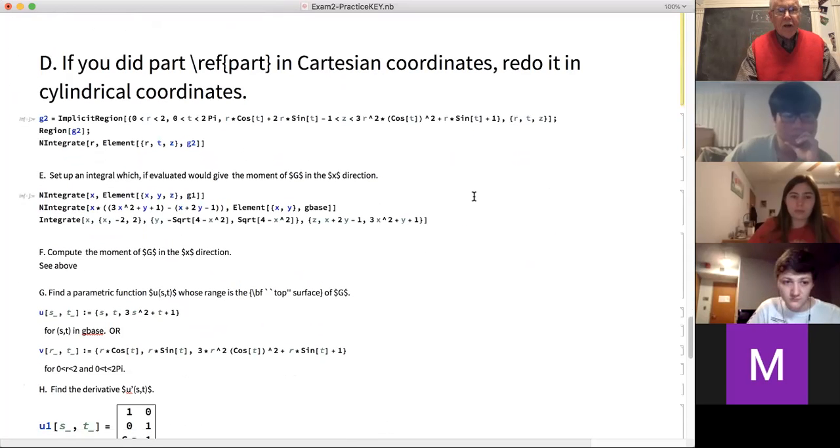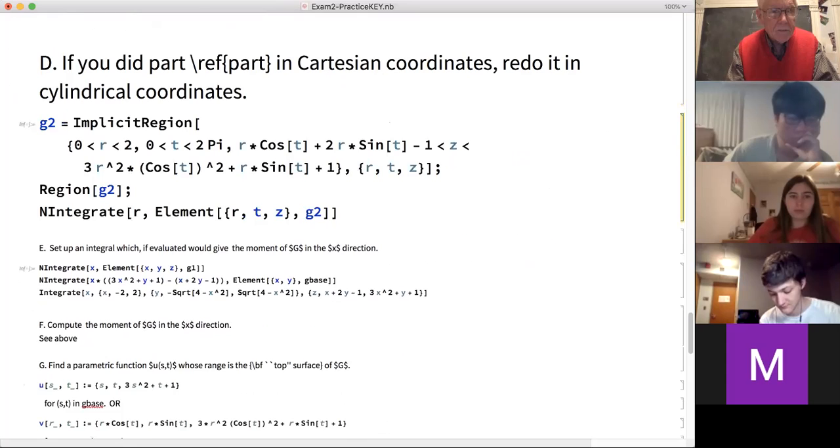If you did this in Cartesian coordinates, redo it in cylindrical coordinates. Will you quickly remind me what the difference between cylindrical and spherical are? Yep.